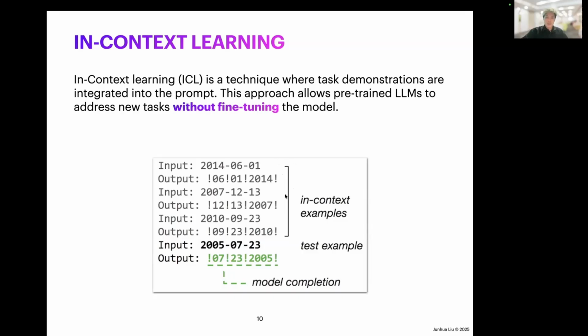We call these in-context examples, and the final input is the test example. If we pass these parts into a pre-trained LLM, the model will be able to generate text that follows the content and format of the examples given.